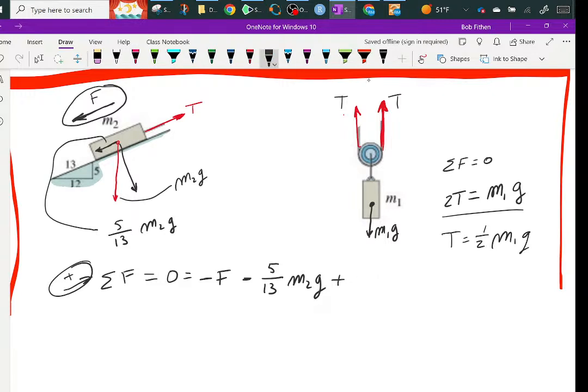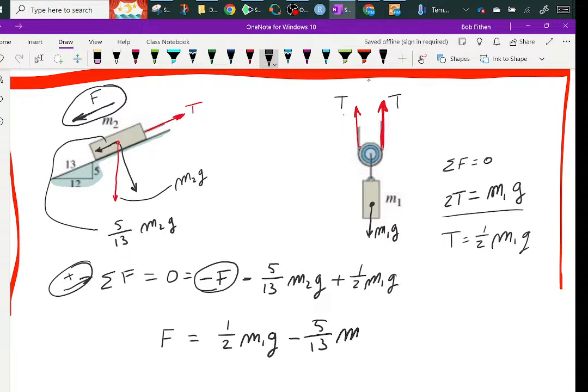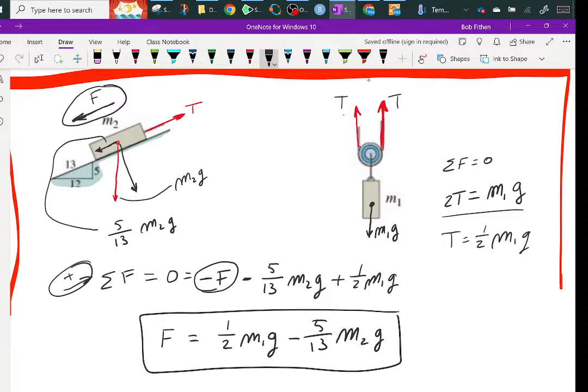So I can just replace that, 1/2 of M1G. Now my question is, is F positive or negative? So I'm going to move F over, and I'm going to go ahead and say 1/2 M1G minus 5/13. And I'm doing this because this is a situation that always works.